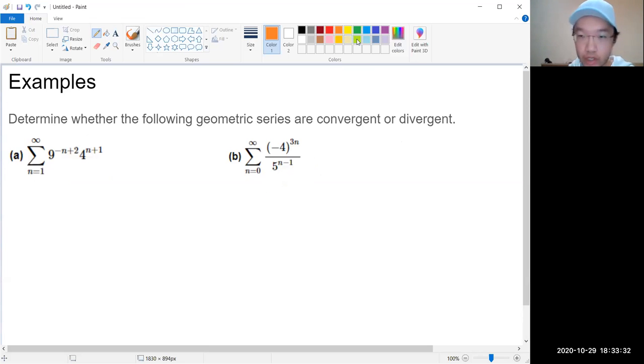It's a combination of two geometric series.